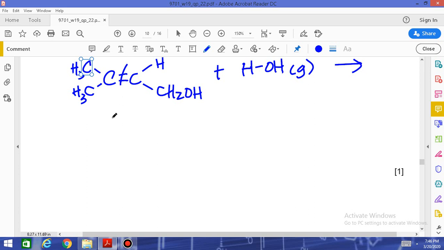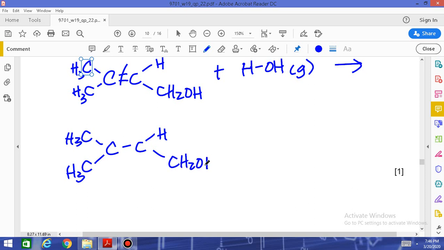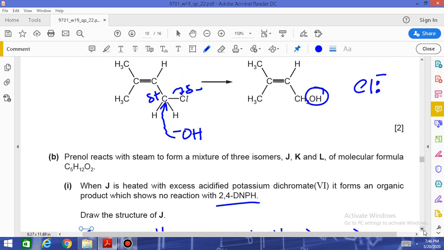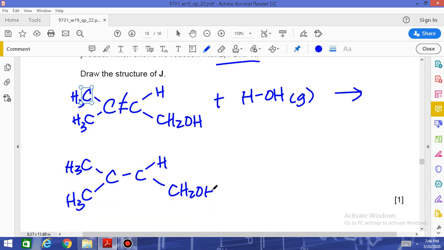So the double bond is broken down into a single bond, and H and OH are added to the carbon atoms to form a larger molecule. Now the position of H and OH is exchanged.